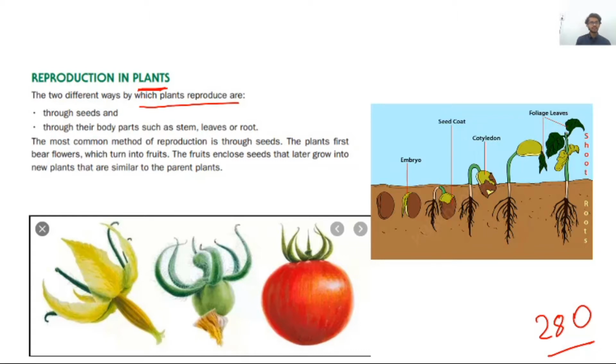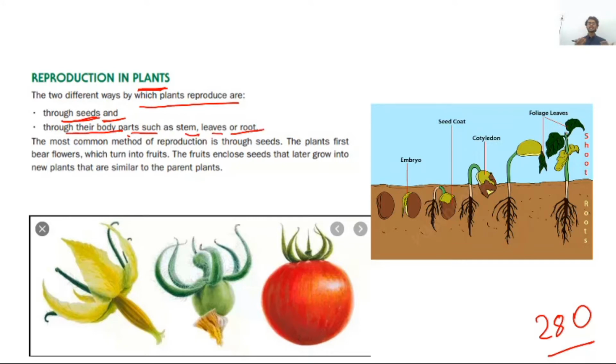Plants reproduce through seeds, and plants also reproduce through their body parts such as stem, leaves or roots.